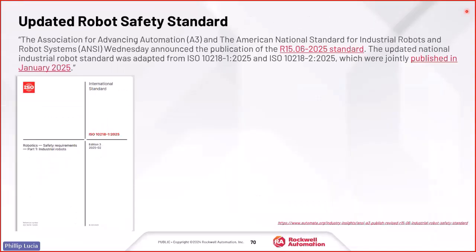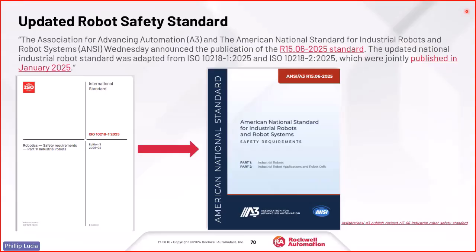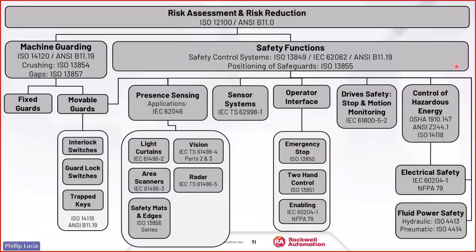So I mentioned ISO 10218, and this was just put out, I think literally last week, that the American National Standard and A3 are publishing this R15.06, adapted from ISO 10218, which was also updated this calendar year. So just for reference, those are the current standards for how we do things in machinery safety, especially robotics.